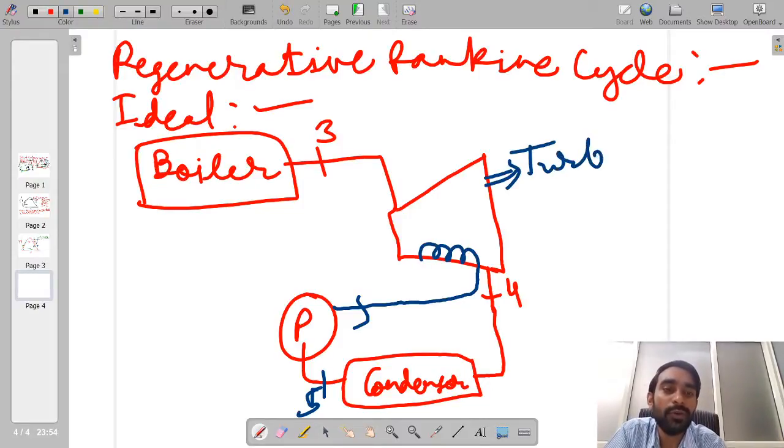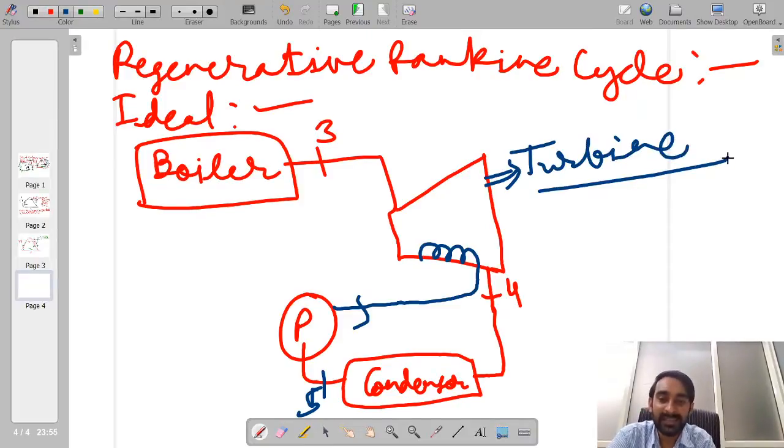Instead of passing this saturated liquid or feed water directly to the boiler, we first pass this feed water through the casing of the turbine.